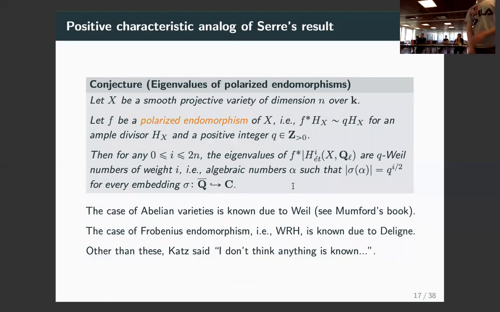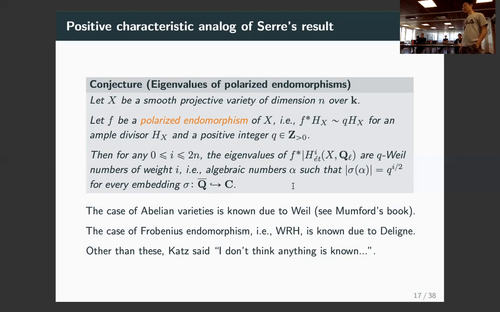Okay, so this is a question. We just formulated this question called the eigenvalues of polarized morphisms. It's a positive characteristic analogue of Serre's result. So Serre proved this one for compact Kähler manifolds, but we can formulate this one over an arbitrary field. But if we consider a positive characteristic field, then this question is quite hard. The case of Abelian varieties is only known due to Weil.